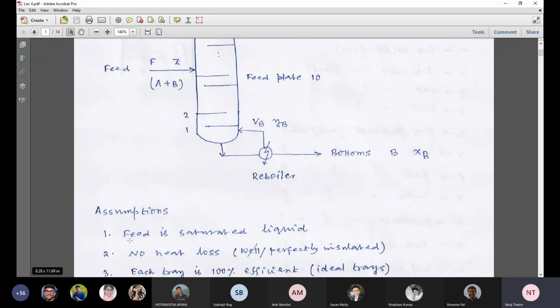Our first assumption is that the feed is a saturated liquid. I mentioned yesterday there are 5 types of feeds. So here we are considering it as a saturated liquid.